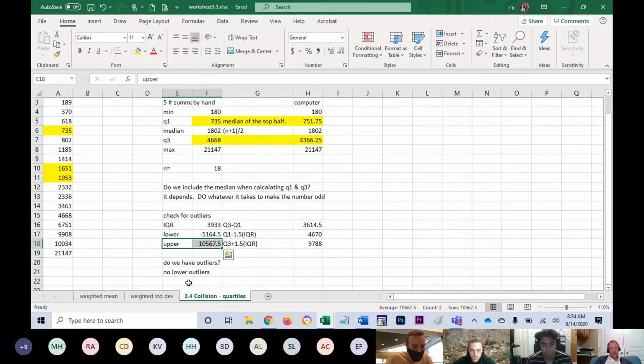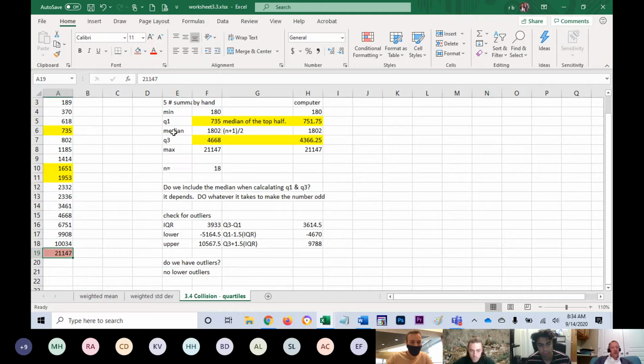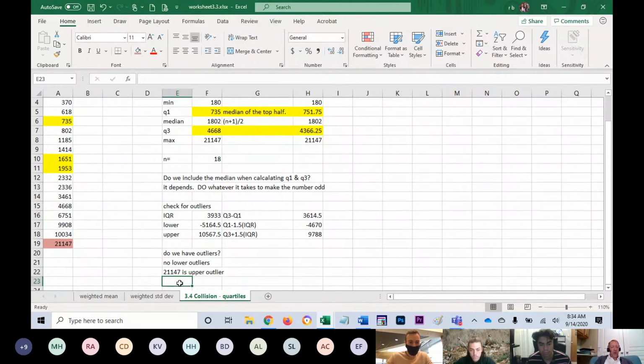Yeah, just the 21,000. So I'll put that as red there. Okay, so 21,147 is an upper outlier. So we've got one outlier according to the by hand method.